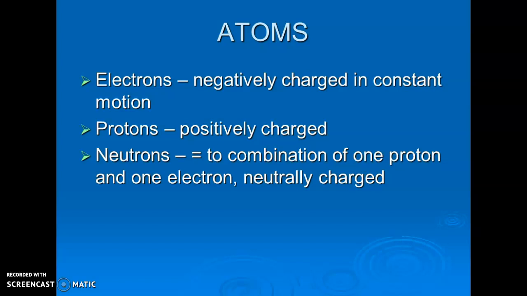Protons are positively charged, neutrons are neutral, and they change the mass and the weight, but not the electrical charge. But protons and neutrons are in the nucleus. The electrons are circling around in an orbit outside, almost in shells. So mostly what we're going to talk about in radiology are going to be the electrons. We've already talked about how the filament heats up and boils off electrons. So we're going to continue that and mostly talk about electrons.